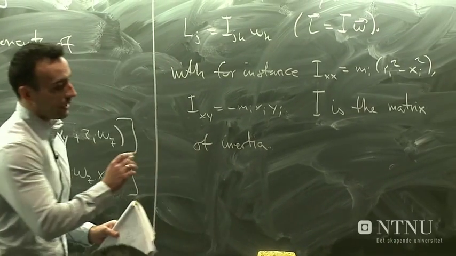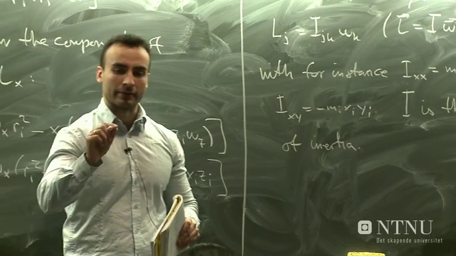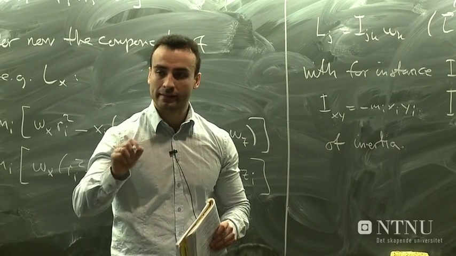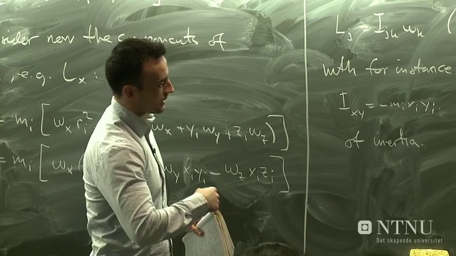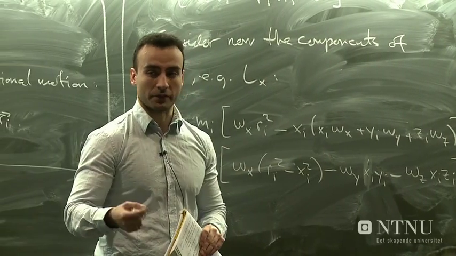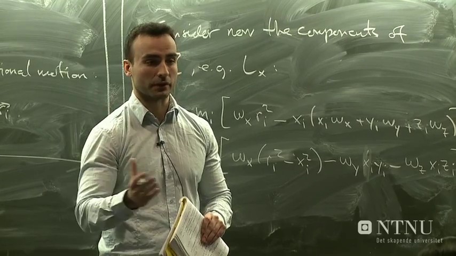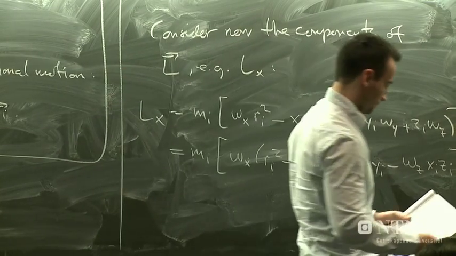We have considered so far a situation where we have divided this rigid body into a discrete number of subregions. So let's now turn this into an integral instead of a sum by considering a continuous distribution of mass.